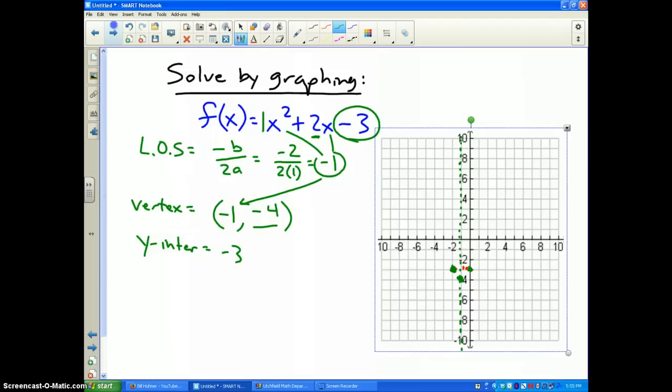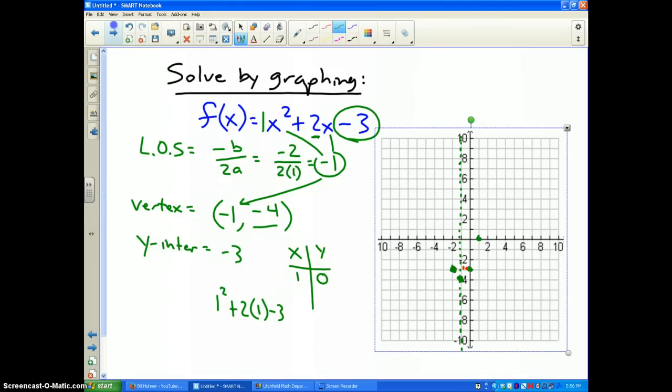We need 5 points to graph our quadratic function. So the last thing that I'm going to try is a number, let's say x is 1. Now if I make a t-table and put x is 1 into my equation, I get 1 squared plus 2 times 1 minus 3, which actually equals 0.